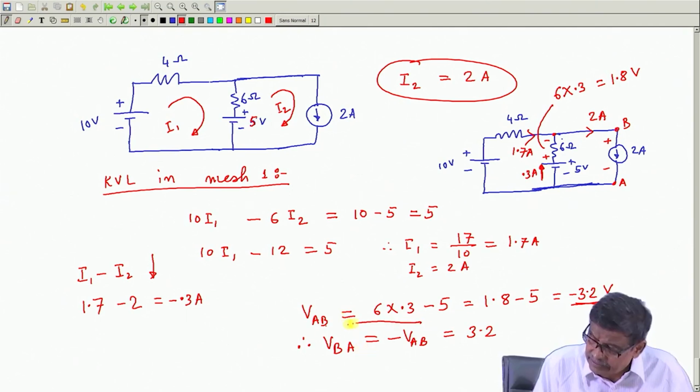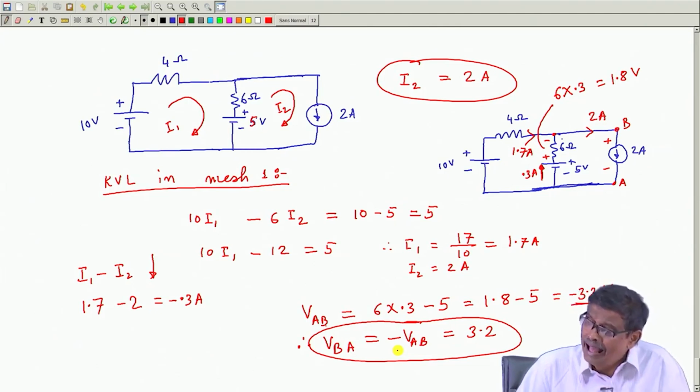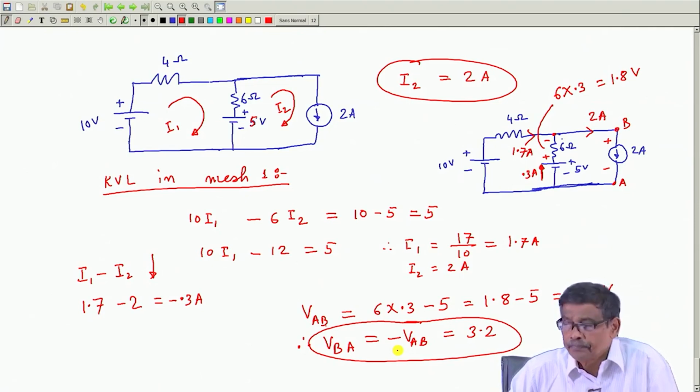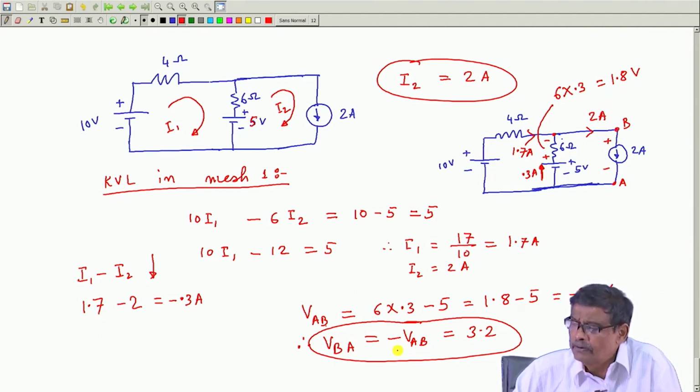Therefore, these observations you please try to understand always. And then next task, there are two sources. What if I ask what this 5 volt is doing? This battery, is it delivering power or absorbing power? For the 5 volt source, if you look at it, this is the polarity of the voltage, and through the plus sign of this battery 0.3 ampere is coming out.